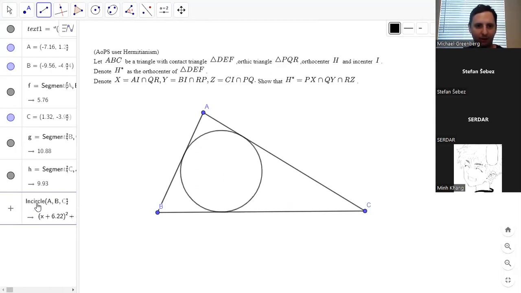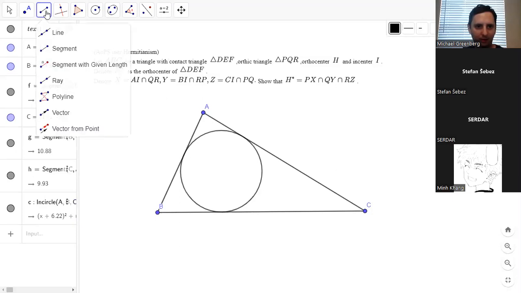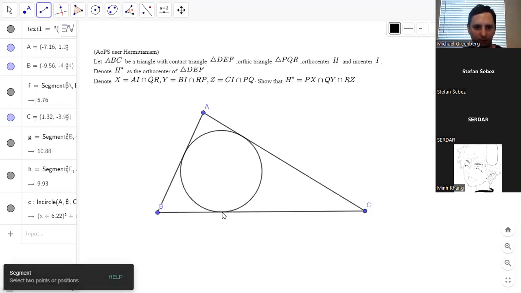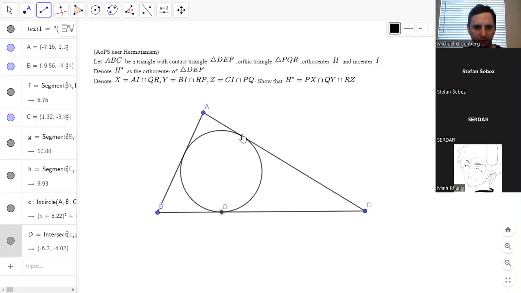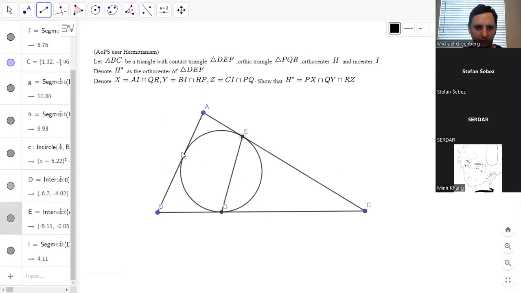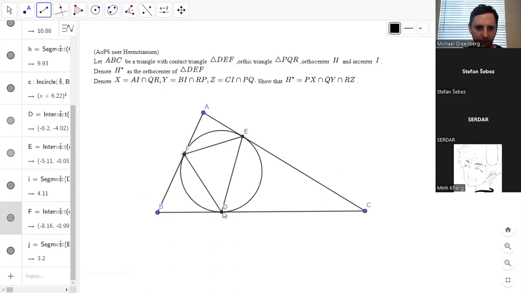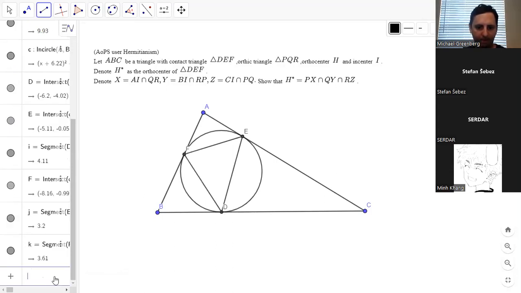But we'll see. So we want D, E, F, and H star is the orthocenter of that. Why don't I just call it H prime instead of H star? That would make things easier.